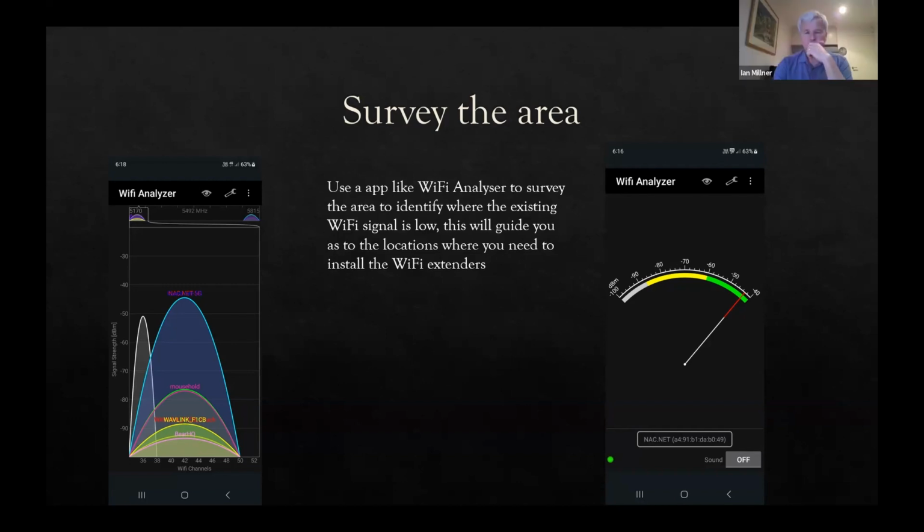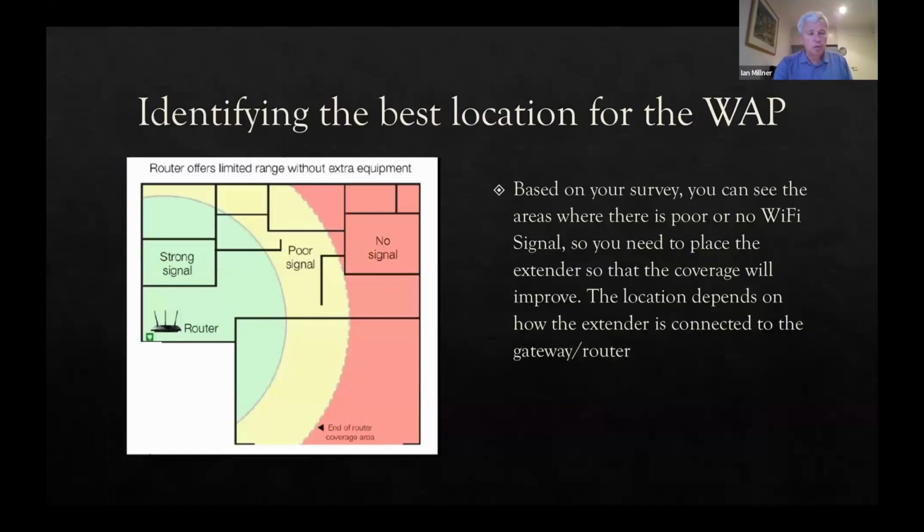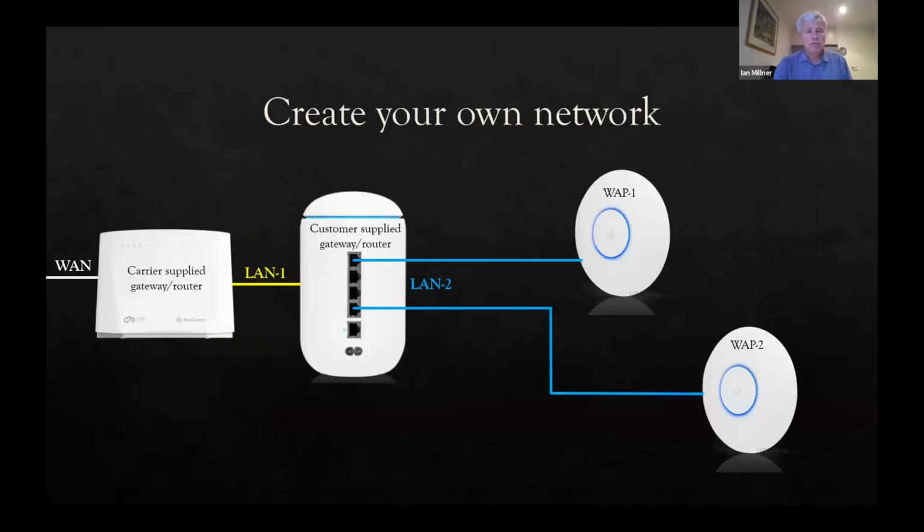But I don't believe this feature can be found in every router. Especially the carrier supplied ones tend to be limited. They don't do any of that. They're shaping. They're processing.